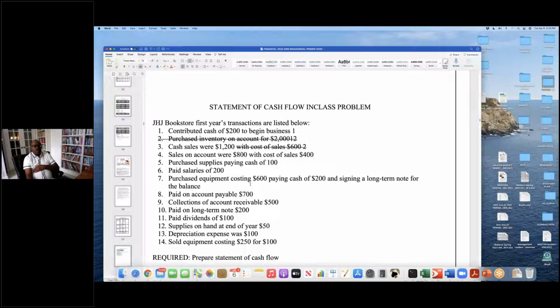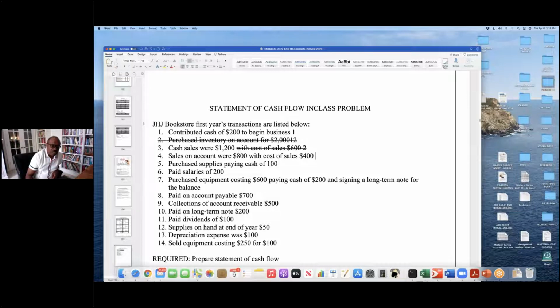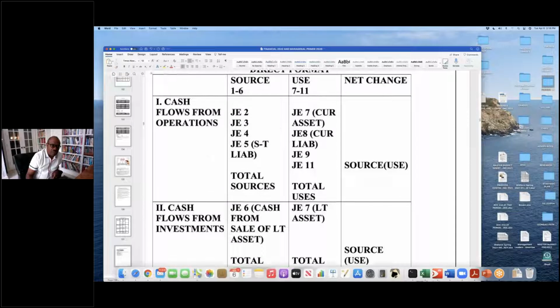Okay. Sales on account were 1,400 with cost of sales 400. What are we going to do here? Shouldn't we scratch cost of sales? Let's go back up here again.